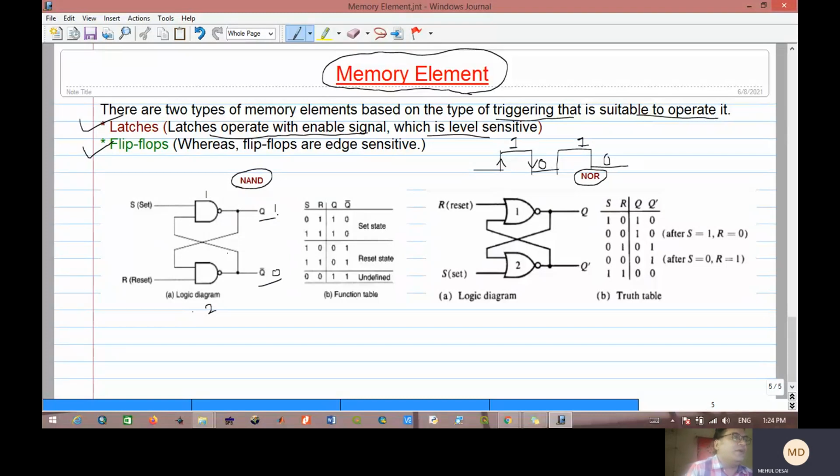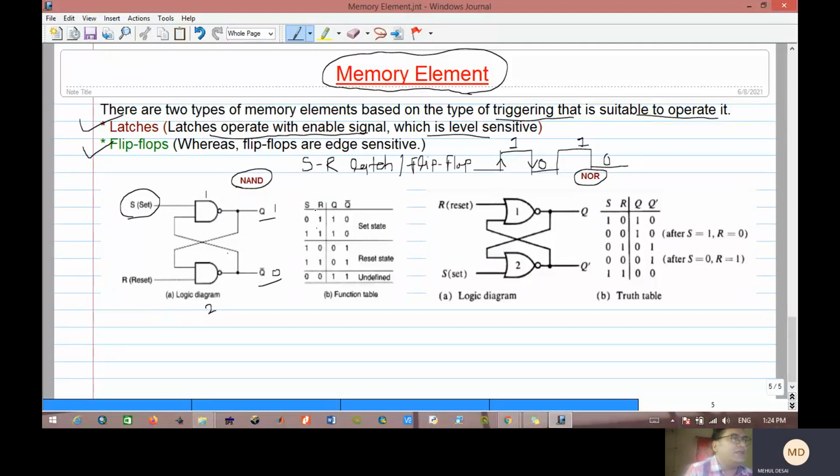If Q equals 1, it is called the set state, and if Q equals 0, it is called the reset state. Based on set and reset, it is also called an SR latch or SR flip-flop, depending on the triggering. If it is edge triggering, then it is a flip-flop. When it is level triggering, it is called a latch.